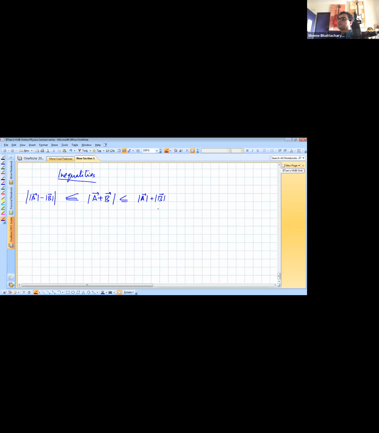We've been used to taking mod A and mod B just as A and B. So this case occurs when theta is equal to 0. This case occurs when theta is equal to 180. And for all other cases, it is in between these two. Similarly, mod A minus B also has that same range of values. Its maximum possible value is the sum of the mods.